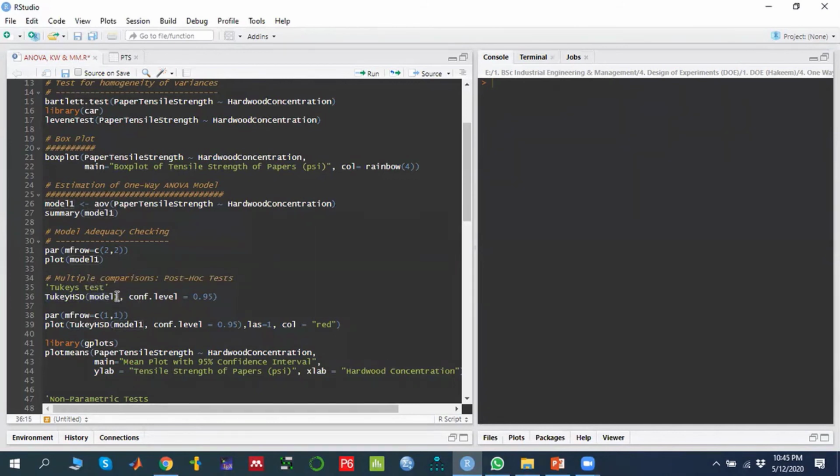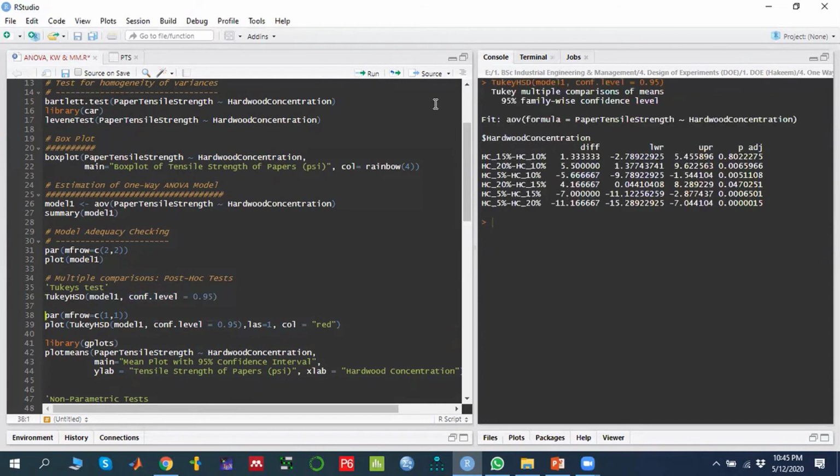So that's why I'm writing down model 1, and then I'm indicating at what confidence level. Okay. So if I run this command, I'm getting the Tukey test results, and this is indicating the pairwise comparison. Right now this is indicating that the p-value is higher only for 15 and 10%.